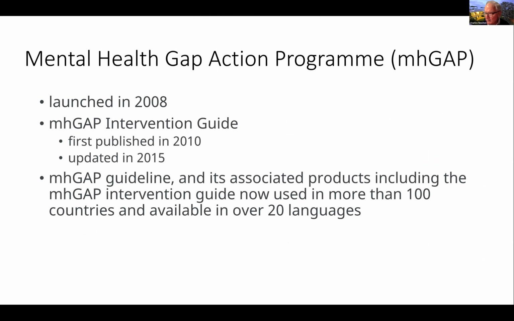The intervention guide was first published in 2010, updated in 2015, and as you've just heard, it's now been updated again this year. The guideline and its associated products are now used in over 100 countries and are available in 20 languages. So this has been a massive distribution over the last 15 to 18 years.